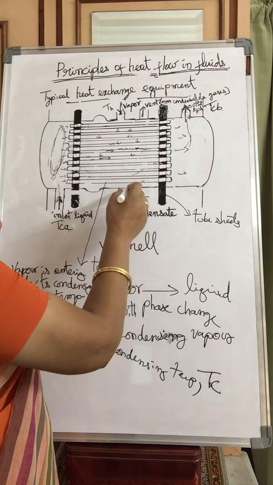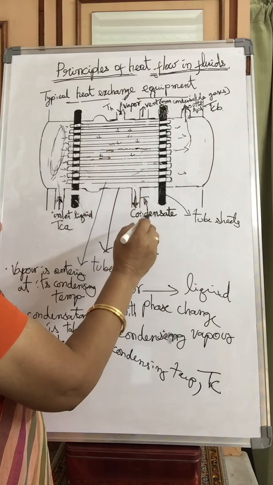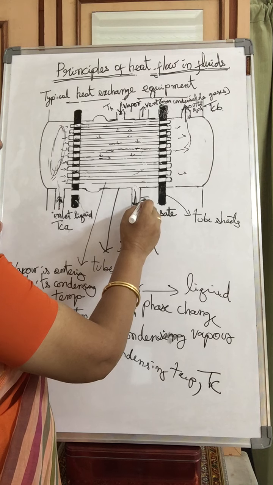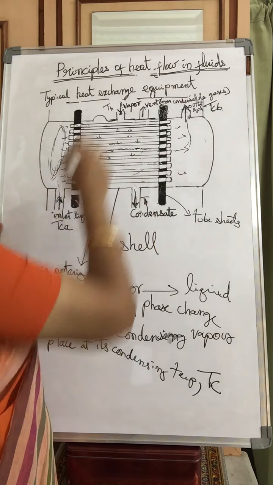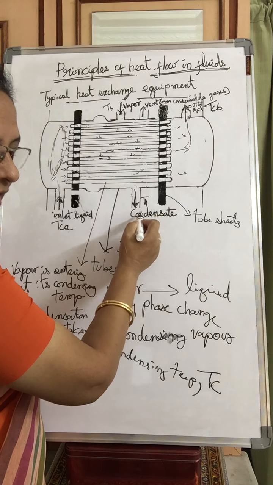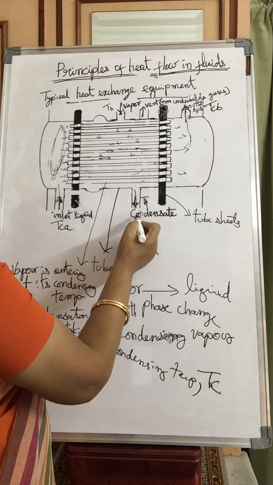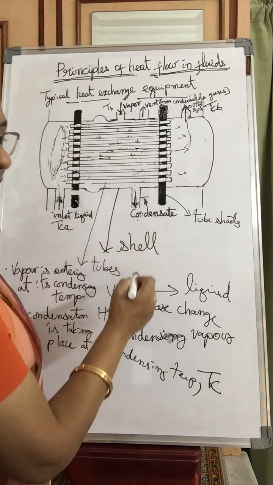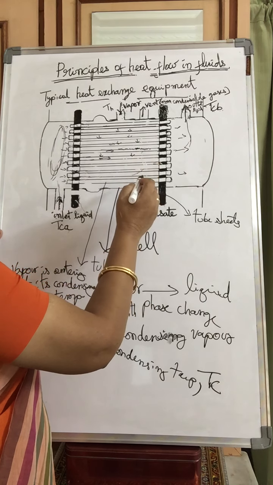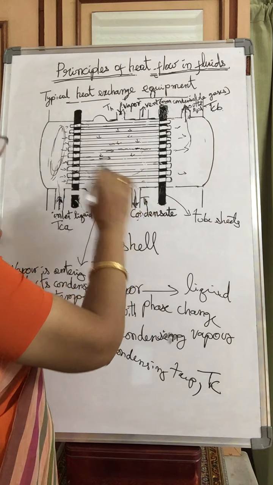That means it only loses its latent heat, and then it will be converted to liquid. The liquid also leaves at TH. Vapor enters at TH, and condensate also leaves at TH. Then why is the temperature not changing? Because it is losing only its latent heat, but not sensible heat.